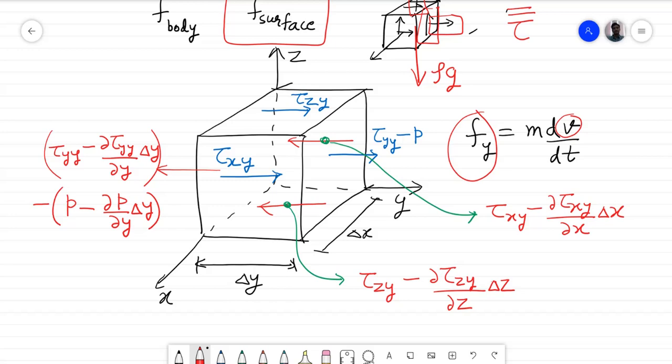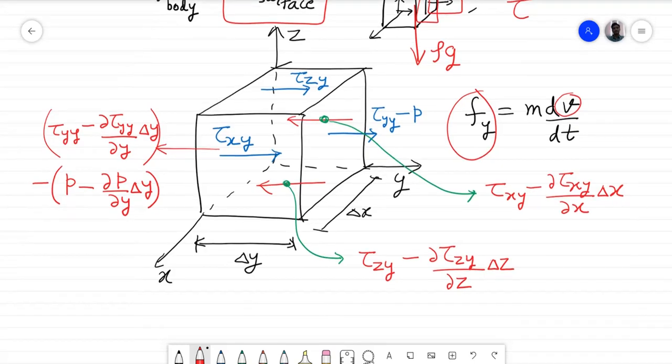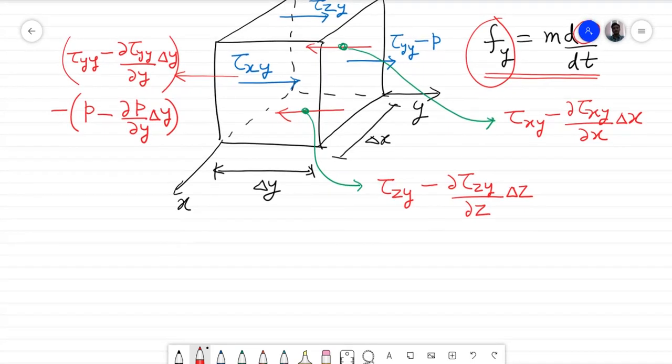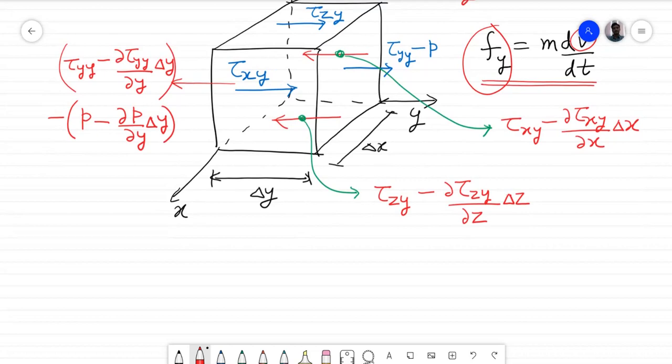Okay, now we have all the forces in the y direction. Now we can write the linear momentum equation. Let us write all the forces, that is the left hand side, Fy. Let us try to find some pattern here.